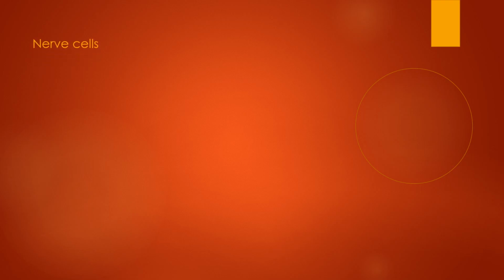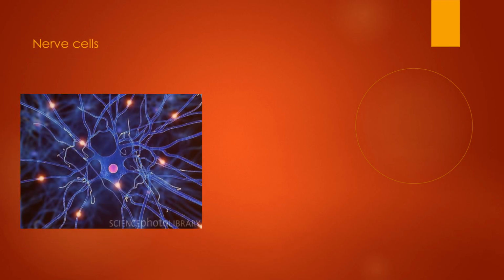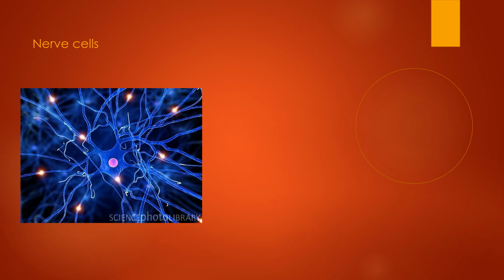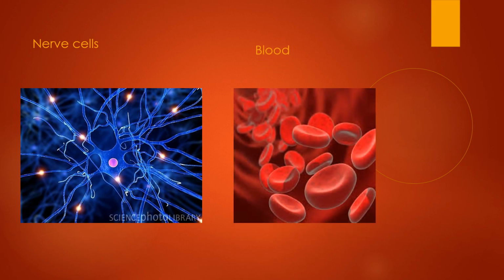Do you remember the nerve cells? The function of nerve cells is to carry messages from the brain to different parts of the body. And blood. The function of blood is to transport oxygen, food, hormones, waste material and so on.